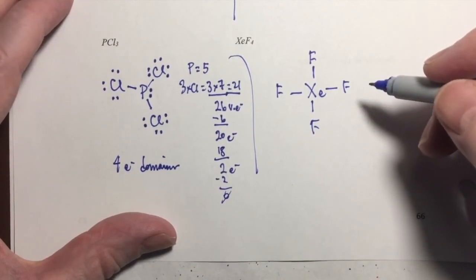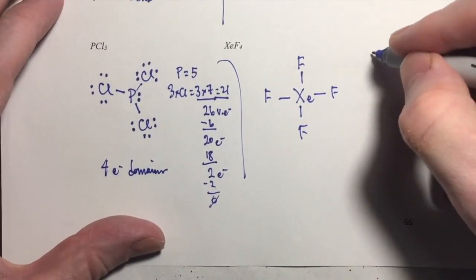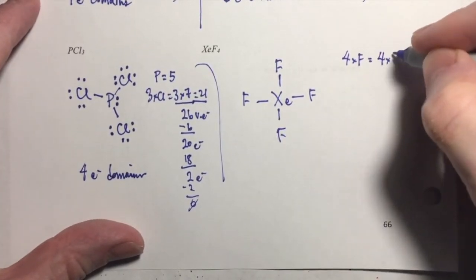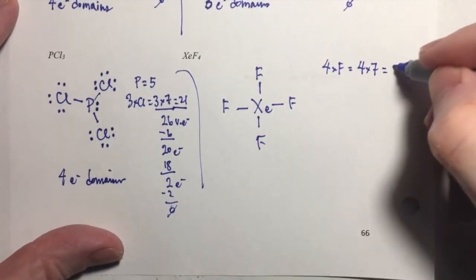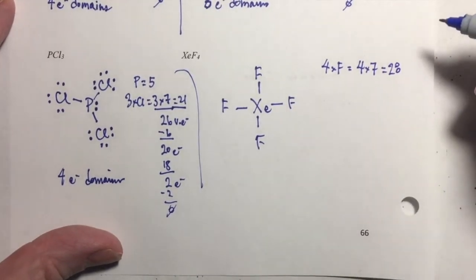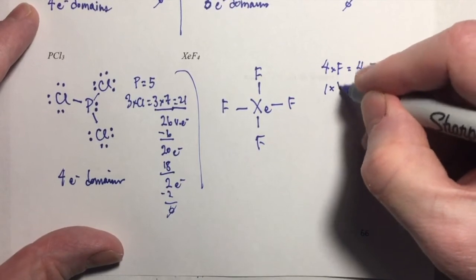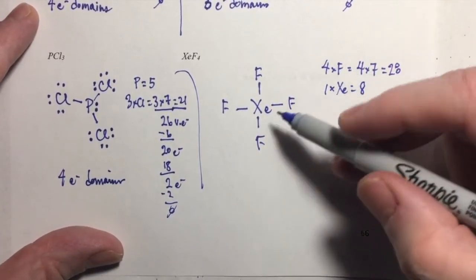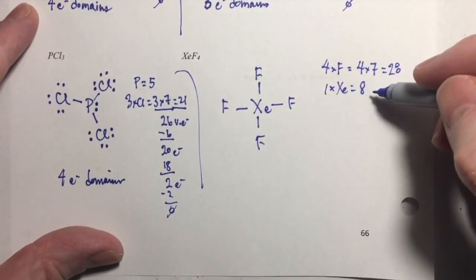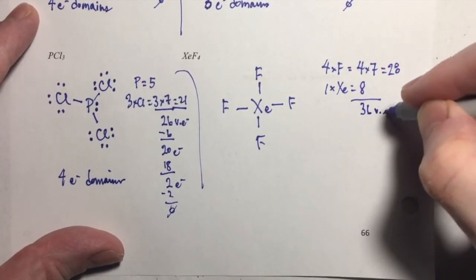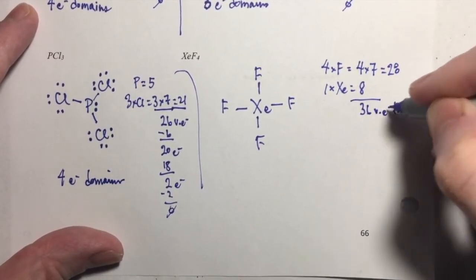Step 2, count all the valence electrons available. 4 times fluorine, which is 4 times 7 for each fluorine, which is 28. Xenon has 8. No ion charge to deal with, so 28 and 8 is 36 valence electrons total.